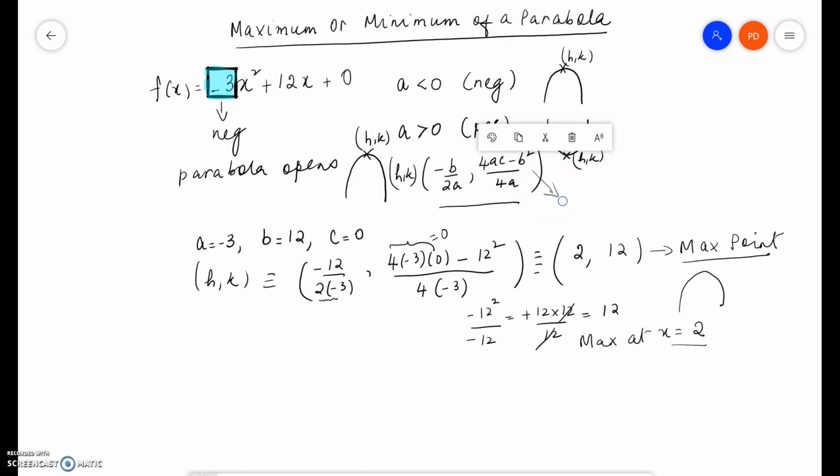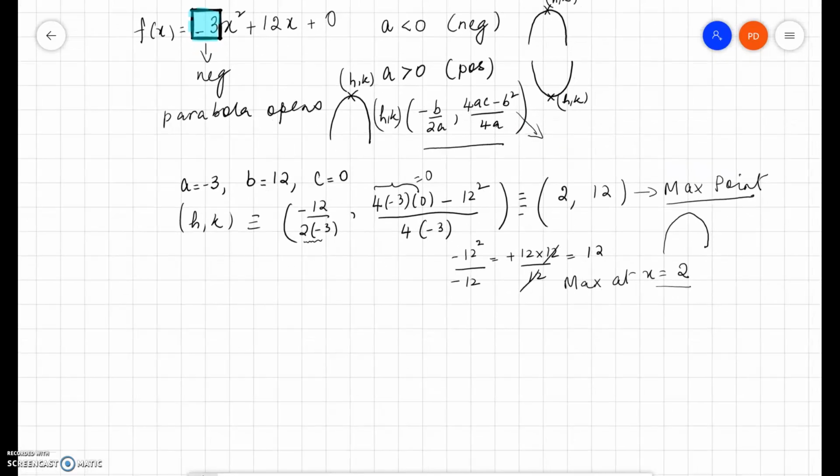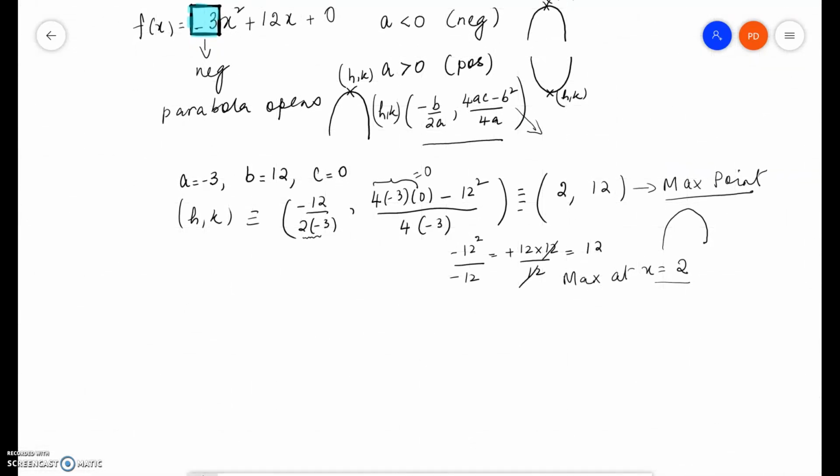Now we're going to use a different technique, an alternate method to figure out h, k, and that is the traditional method of completing squares. If you forget the formula, which is complicated, there is another way of doing this, and that is by completing squares.